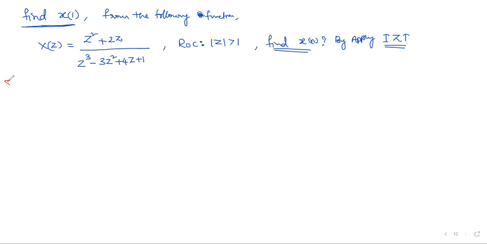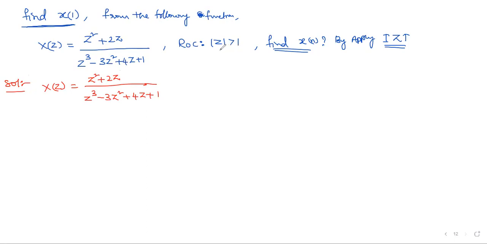So now the solution. What is the x of z given? X of z is equal to z square plus 2z divided by z cube minus 3z square plus 4z plus 1. Now you see that the ROC is right-sided or left-sided?